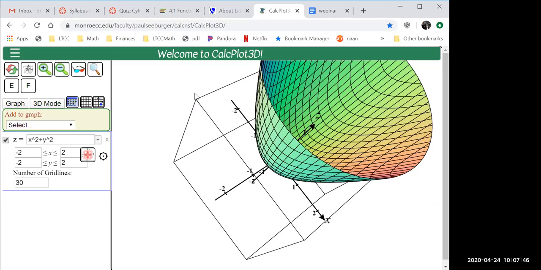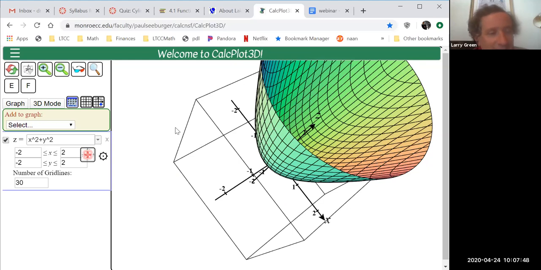As I mentioned, today was our last day of non-calculus. So starting Monday, we revisit calculus, because we've had a long break from it. We've been doing analytic geometry for a while. What we're going to be doing starting Monday is the calculus of multivariable functions.